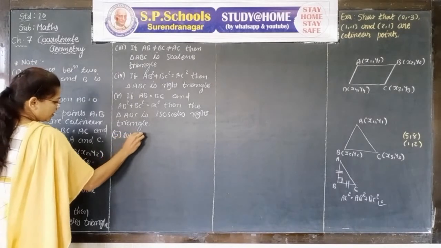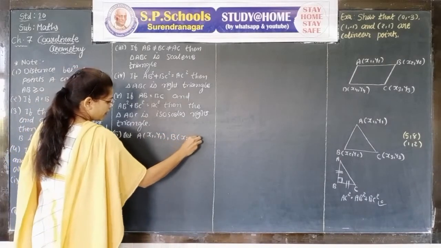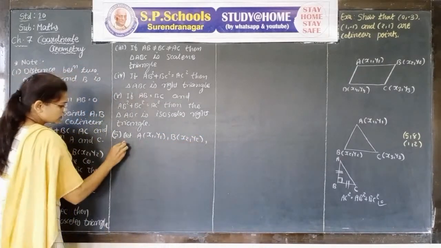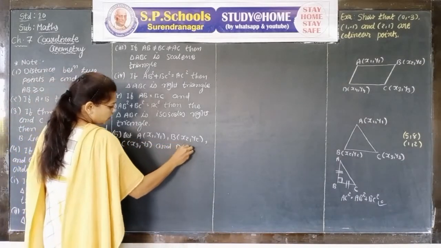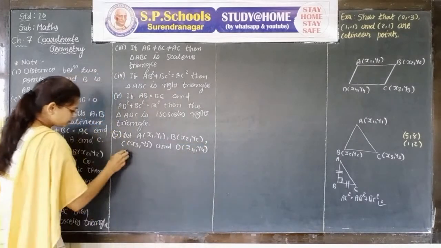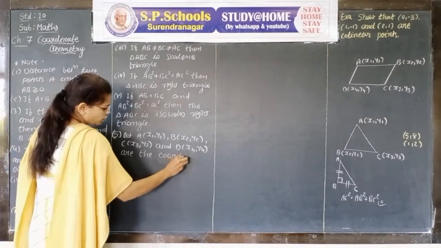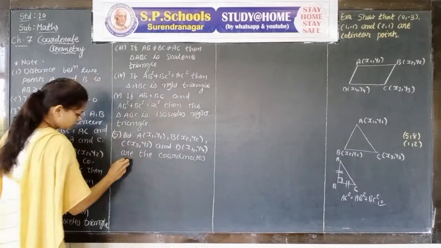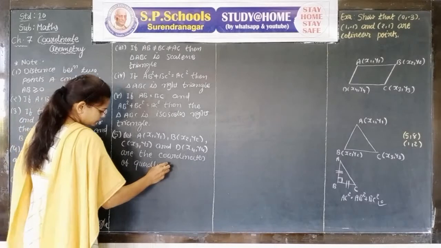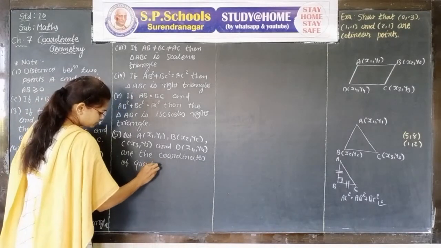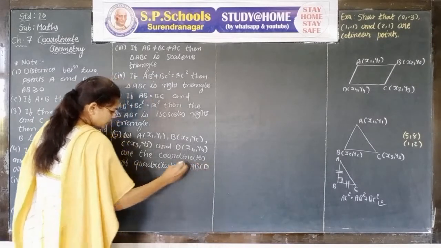Let A (x1, y1), B (x2, y2), C (x3, y3), and D (x4, y4) be the coordinates of quadrilateral ABCD.